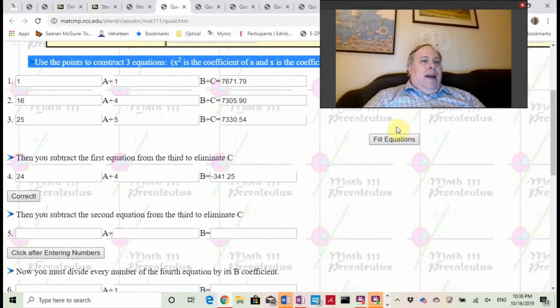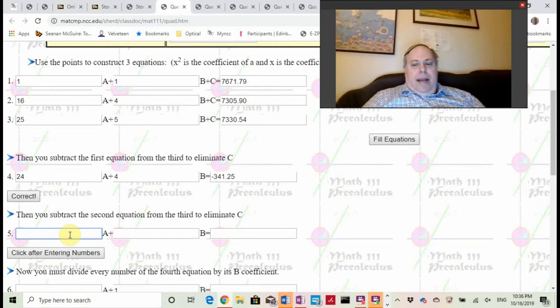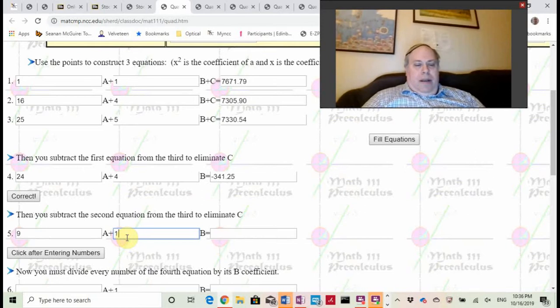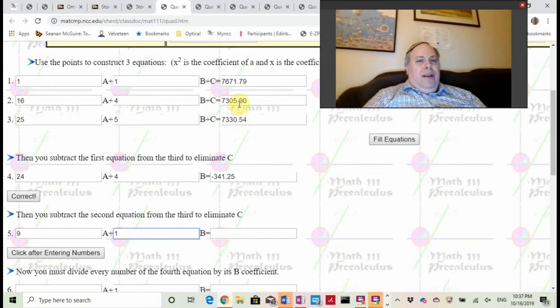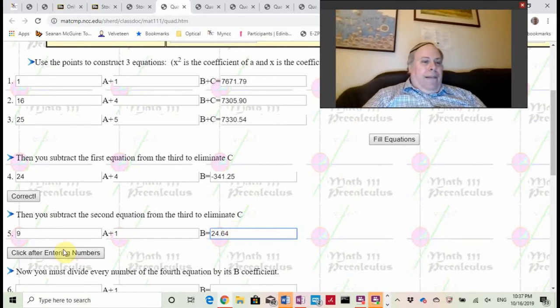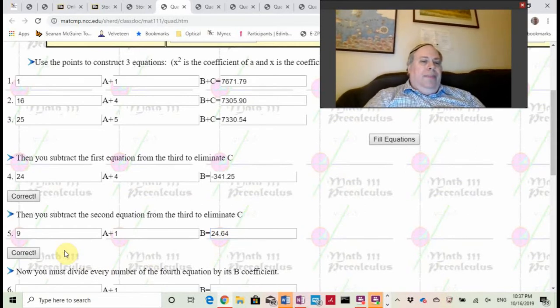Now I can subtract equation 2 from equation 3. 25 minus 16 is 9, 5 minus 4 is 1, and 7330.54 minus 7305.90 is 24.64. That's correct.